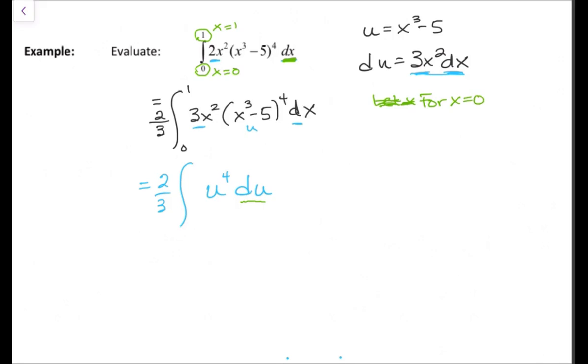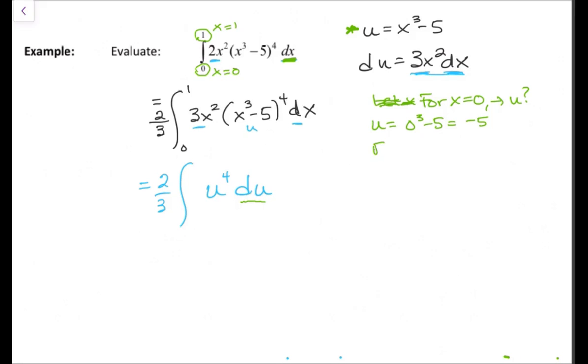So let's start with that lower limit of x equal to 0. For x equal to 0, what I want to figure out is what is u. And we've got a formula right here that will allow us to find a u for any given x. So all I'm going to do is in this u, I'm going to replace that x with 0 to find out that my new lower limit of integration should be -5.